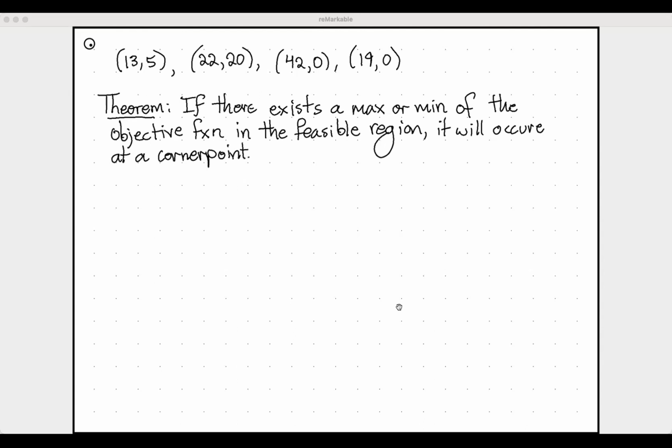To find these corner points, by the way, you can do it one of several ways, and hopefully you've seen that in the video on the subject. The naive way would be to solve a system of equations at each corner. A corner point is where two lines intersect, so you could always just solve a 2x2 system. The easier way, though, is to go on your calculator where you've already graphed the lines, and use the intersect feature.